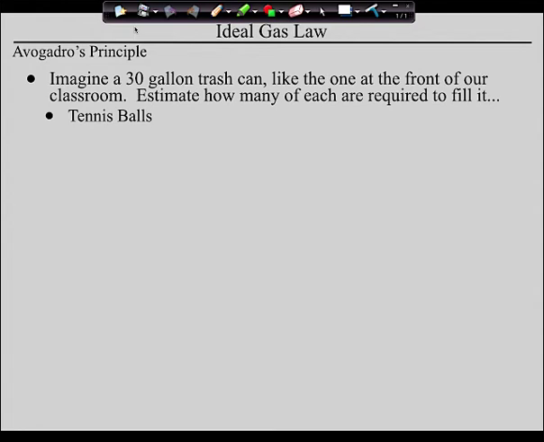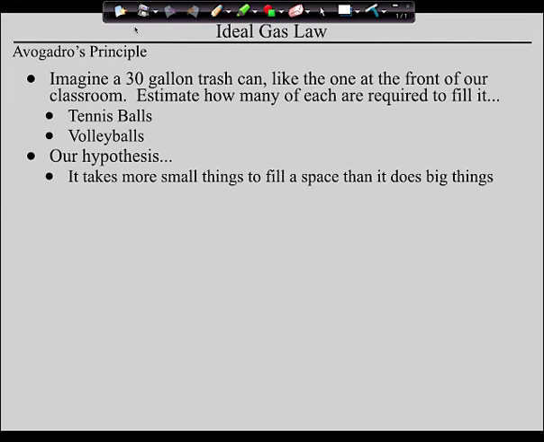This is the point where we need to actually draw the distinction. What if we used volleyballs? If we were to fill this thing with volleyballs, how many volleyballs would it take to fill the same trash can if we emptied all the tennis balls out first? 7, 8, 9, maybe. Let's go 10 because that's another even sort of number. So guys, we understand a very important principle, and it's so very obvious that you all understand it, but let's actually put it in writing.